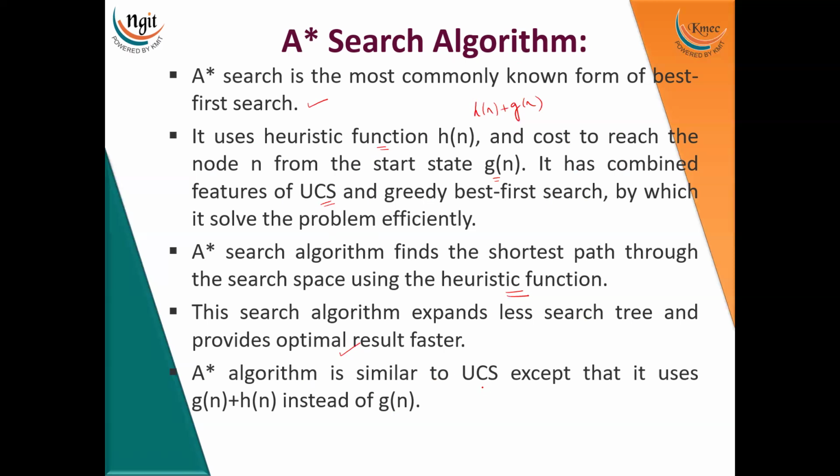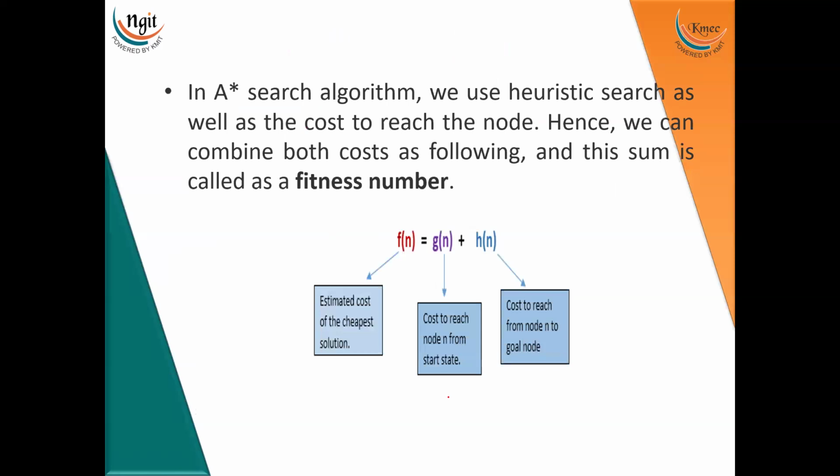It is similar to UCS, except that it uses the function g of n plus h of n instead of just h of n, which is what we used in greedy best first search. In the A-star search algorithm, we use the heuristic as well as the cost to reach the node.